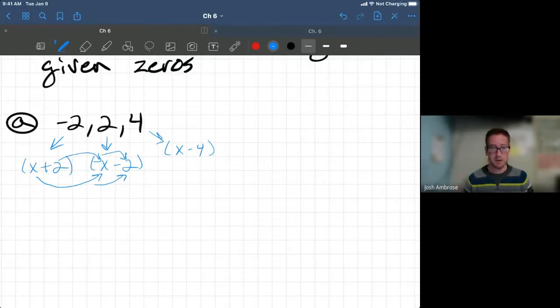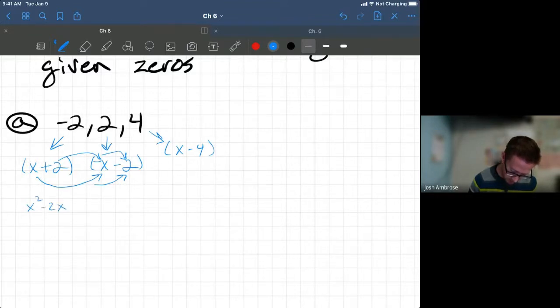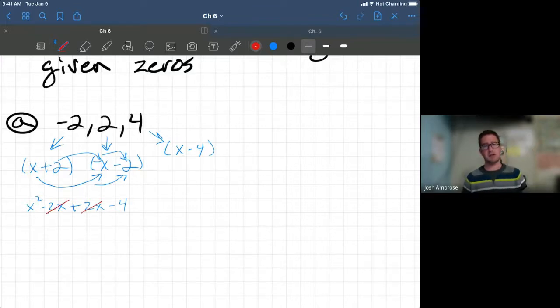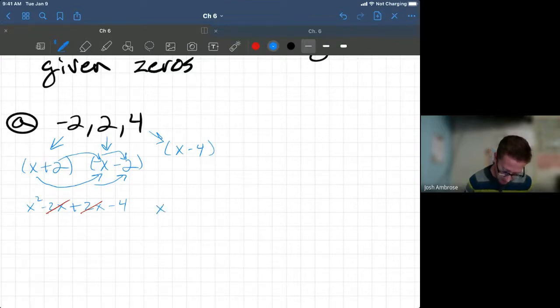When you do all of that, you get x squared minus 2x plus 2x minus 4. The terms in the middle cross out because you have a -2x and a +2x, so they're gone. What you're left with is just x squared minus 4.